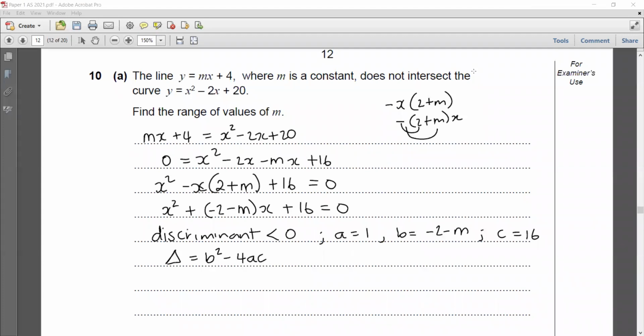Okay, so now you just substitute. What is our b squared? This is negative 2 minus m squared, then minus 4 times a times c, so 16. And again, because we don't want these lines to intersect, this must be less than 0.